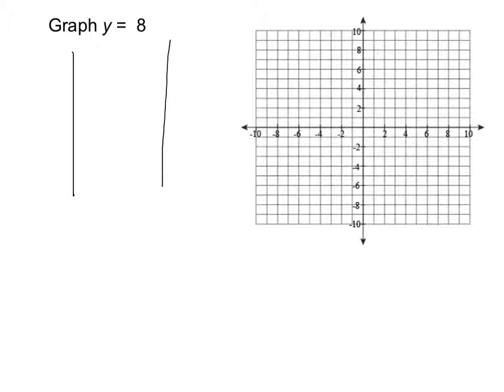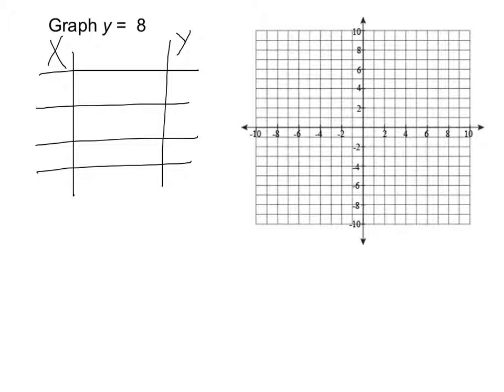Remember, in our chart we're always going to choose x values and use the equation to help us find the corresponding y values. In this case, I'll use 0. I always like to use 0. I might use 2, I might use 7.